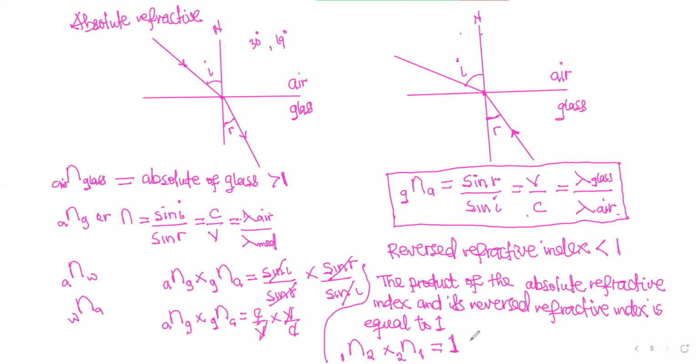When you reverse the path, 2 to 1, and you multiply these refractive indices, the product is always equal to 1. Please, is that clear? Yes, sir.